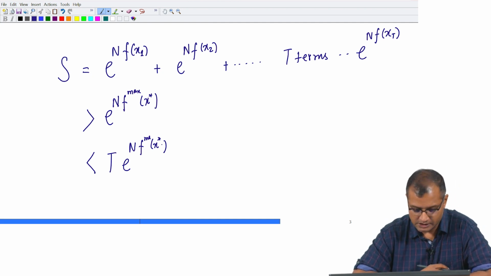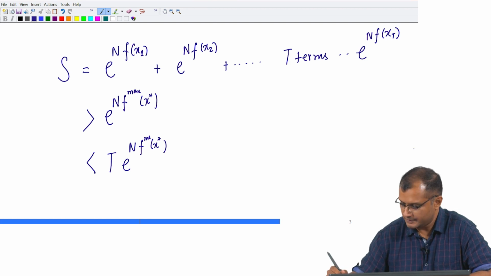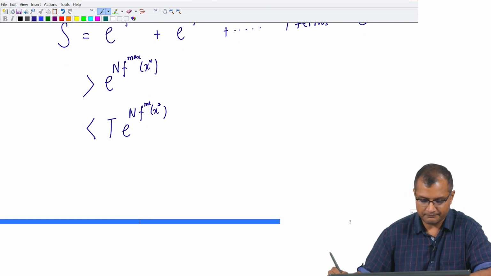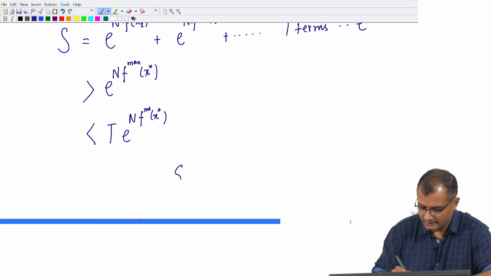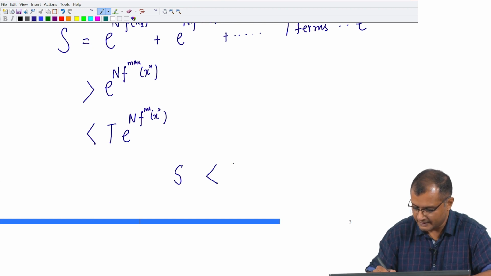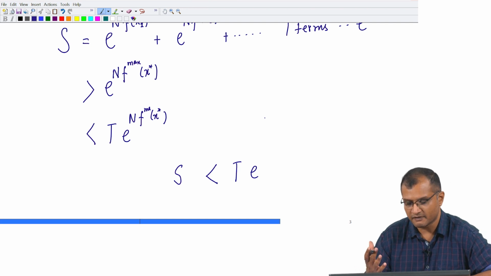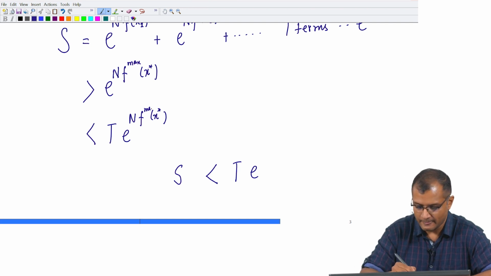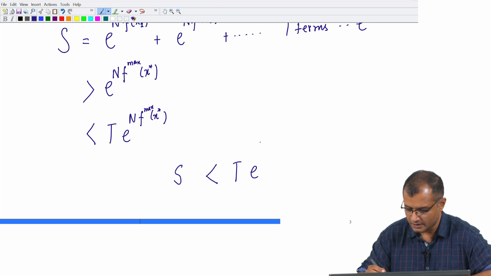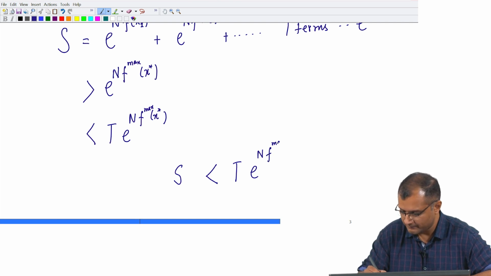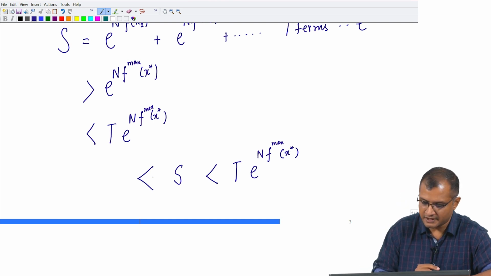Okay. So, then I can say that my S is definitely less than t times, t being the total number of terms. If I replace each term with the maximum, then definitely it is over counting my sum. And if I just take the largest in the sum, then definitely my sum is greater than that.